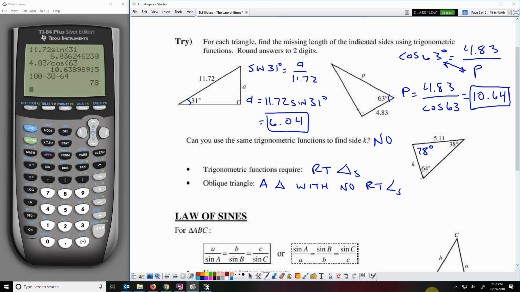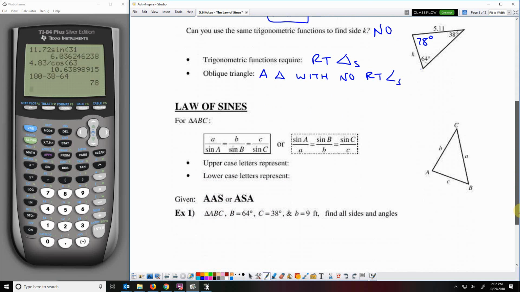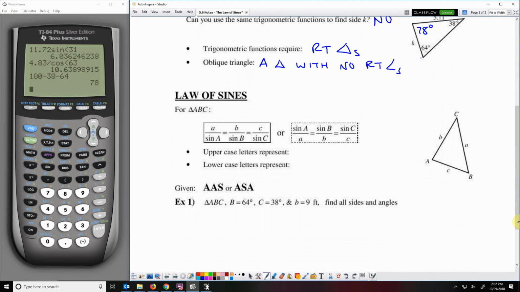Okay, so in an oblique triangle, we can't just use sine, cosine, and tangent, but one thing that we can use is the law of sines. Okay, so here is the law of sines. A side over the sine of its opposite angle equals another side over the sine of its opposite angle equals another side over the sine of its opposite angle, or the reciprocal. In this case, those capital letters, those are angle measures.